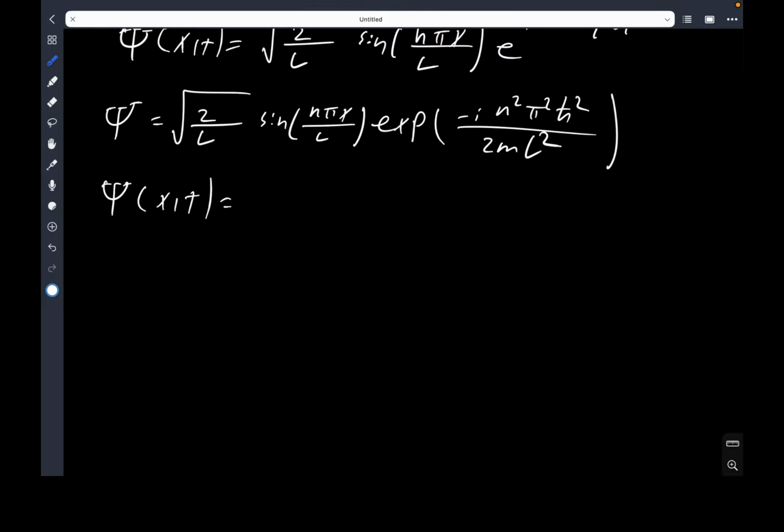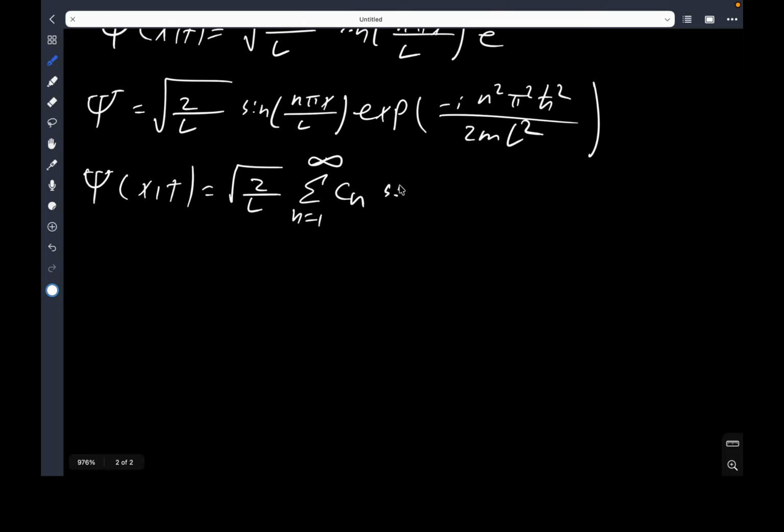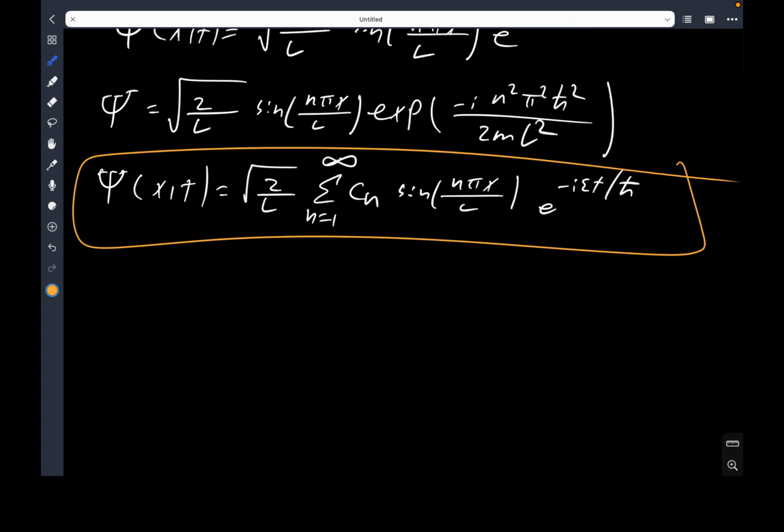So I can write it as square root of 2 over L, the infinite sum from n equals 1 to infinity of C_n sine of n pi x over L e to the negative i E_n t over h bar. And that is the final form of the wave function for the infinite square well with time dependency.